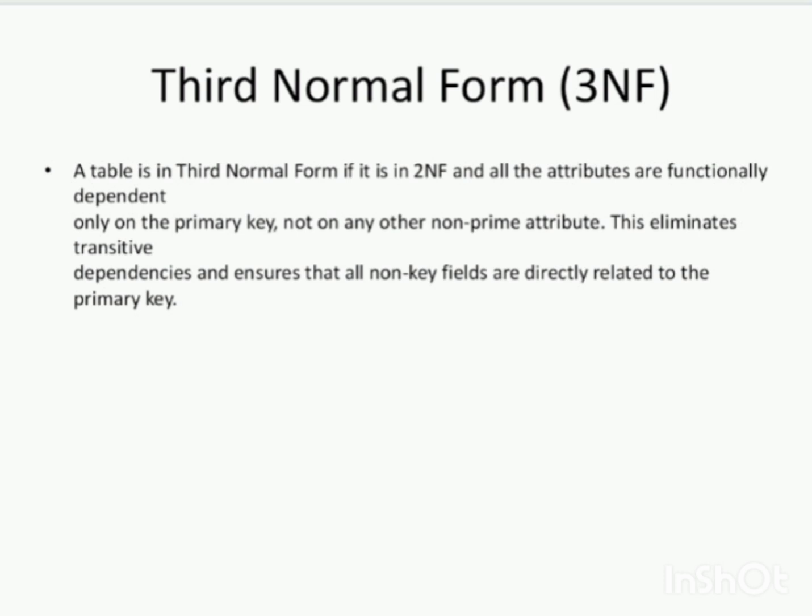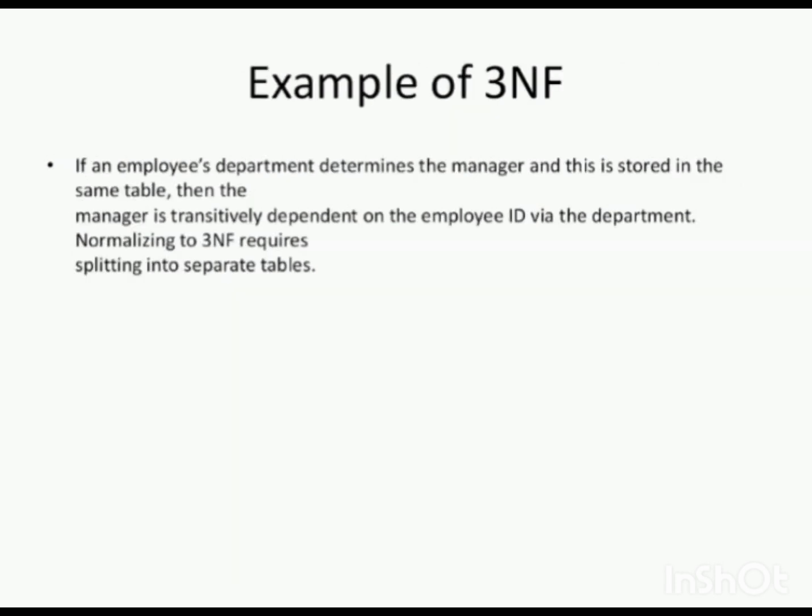For example, if in an employee table the department determines the manager, and both are stored in the same table, then the manager depends only on the department, not the employee ID. Third normal form requires splitting it into a separate table.